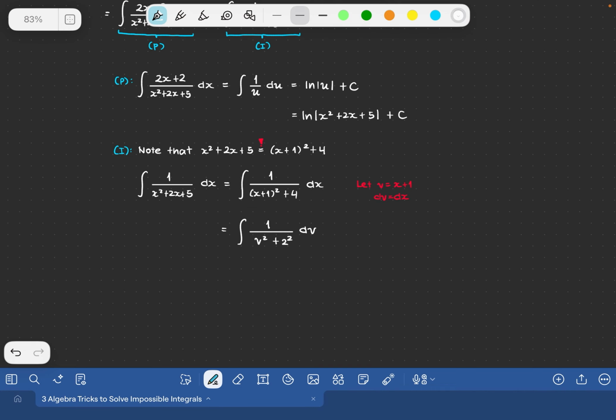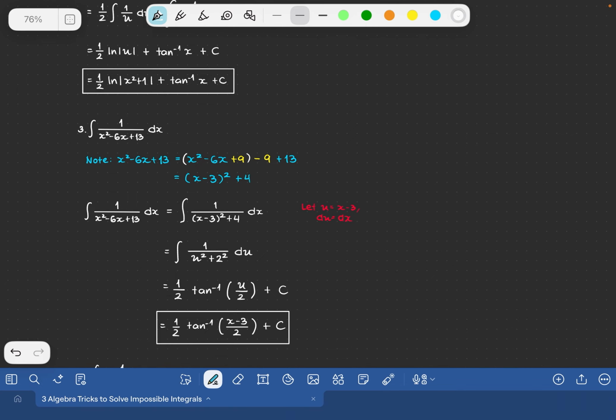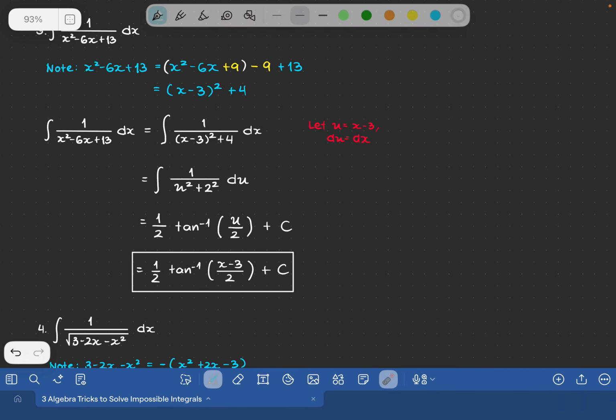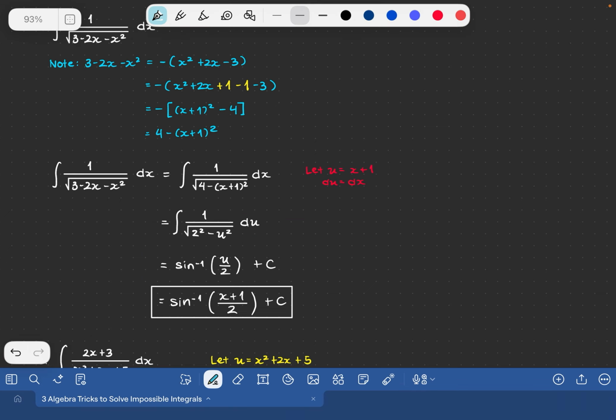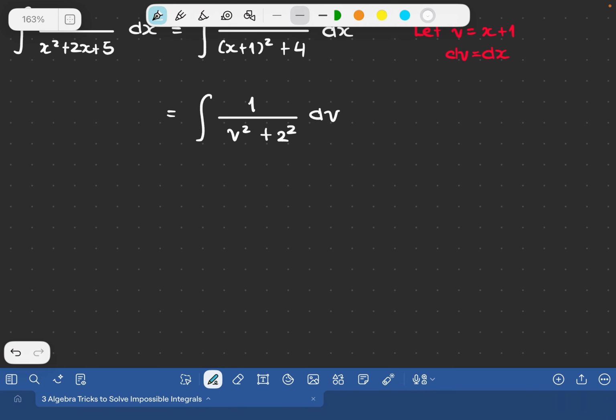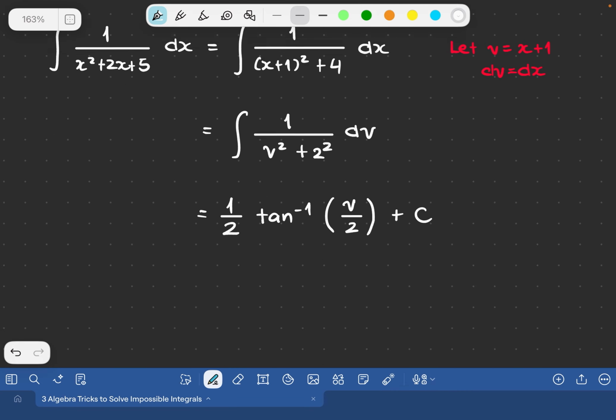I hope you remember this form earlier. This is exactly what we had earlier. So this one just simplifies to 1 over 2 tangent inverse of v over 2 plus c. Okay, good.